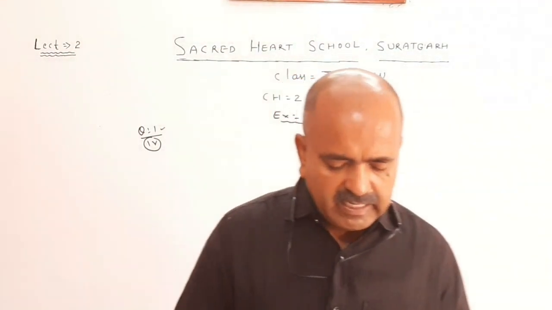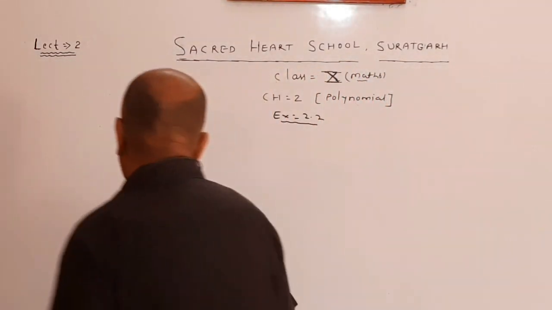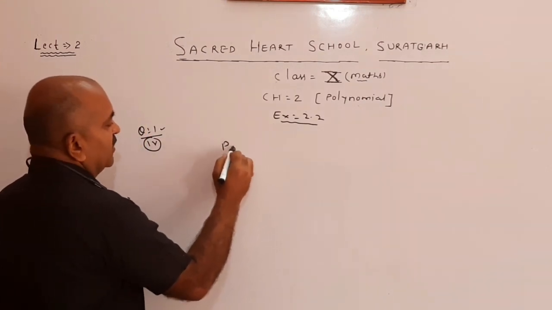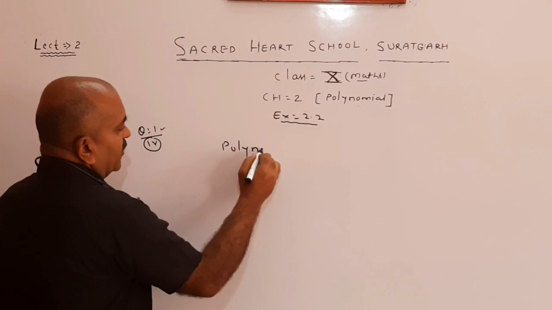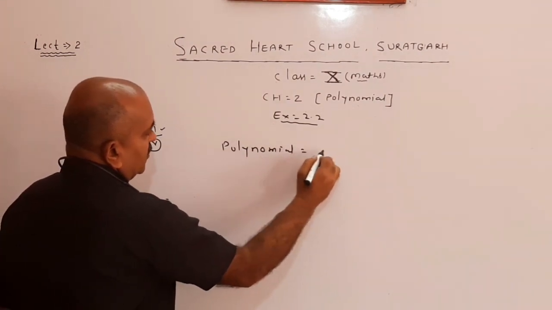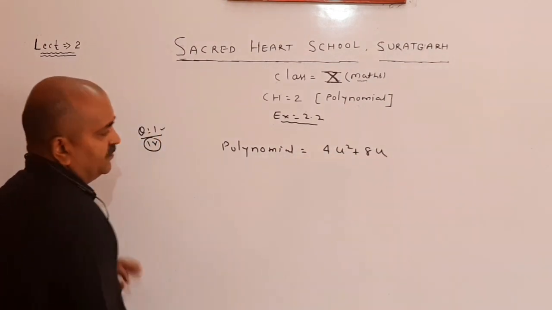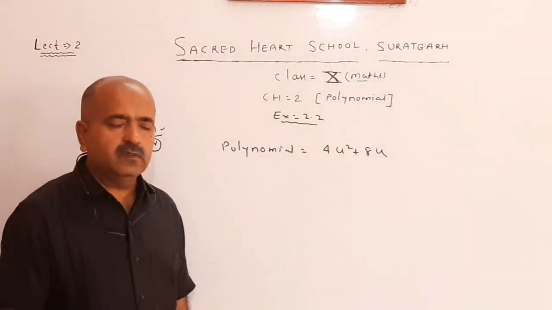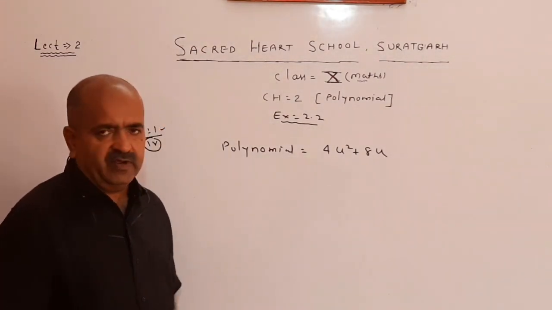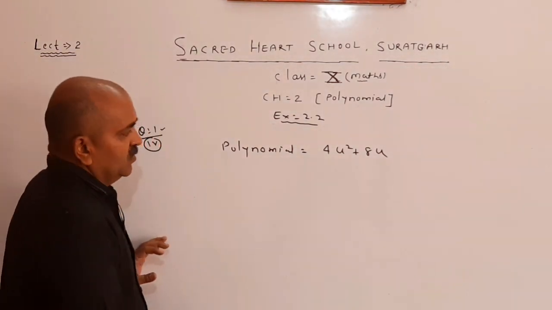Yes, students. Now question number 1, part 4. In this question a polynomial is given: 4u square plus 8u. In this question, find zeros of this polynomial and verify.